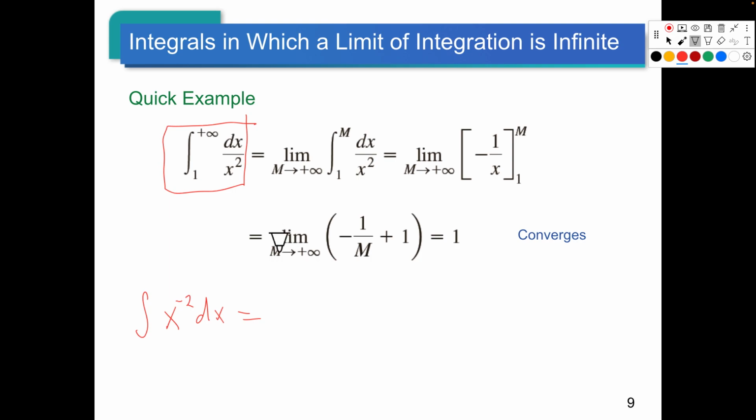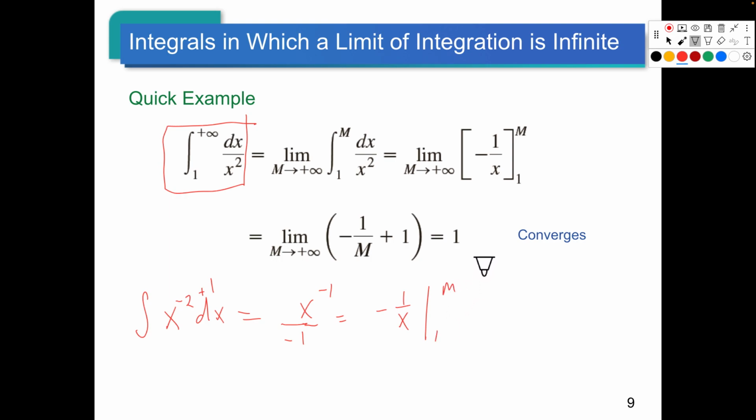When we integrate it, what do we get? We add 1 to the exponent and divide by that new exponent. So we're going to get x to the negative 2 plus 1, which is negative 1. And we're going to divide by this new exponent, negative 1. So that gives us negative 1 over x. And again, we're going to go from 1 all the way to m.